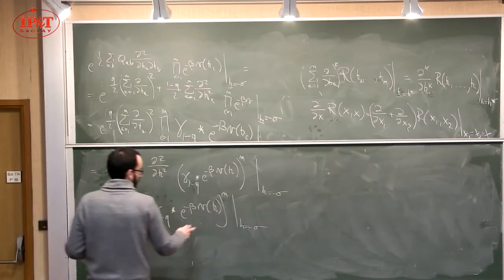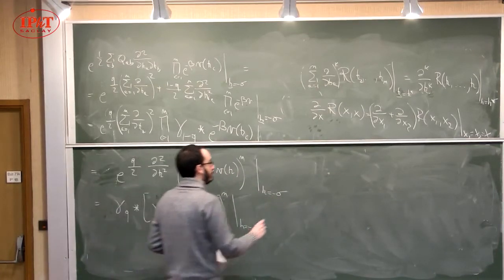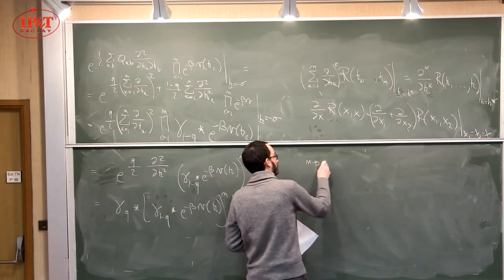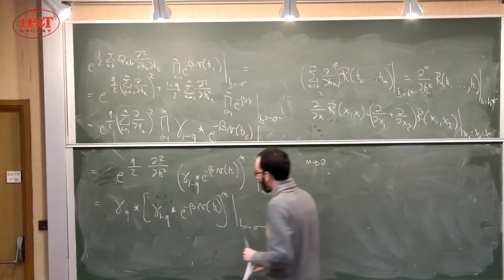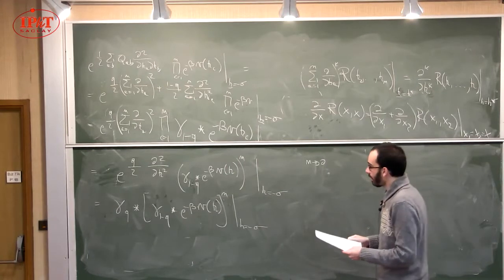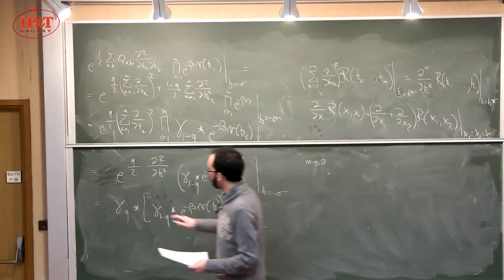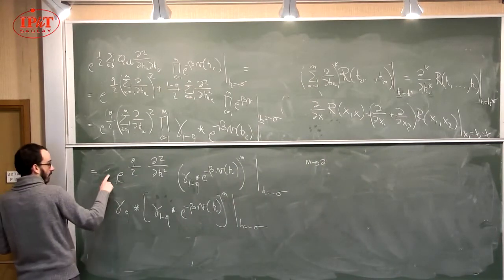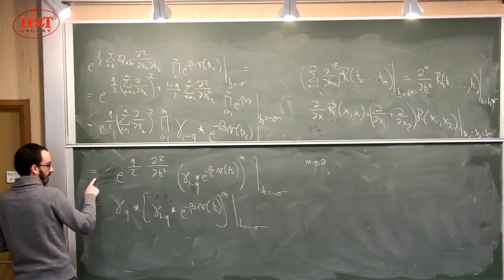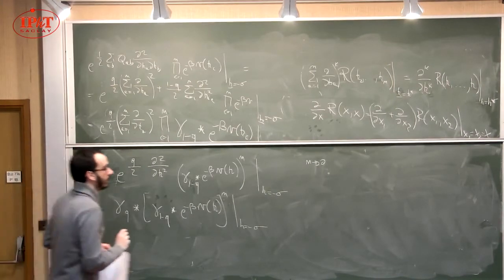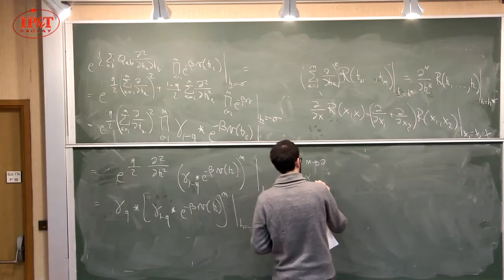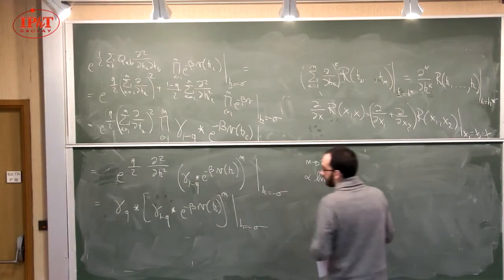Okay, so now it's simple to take the n to 0 limit here. So remember that what we would like to take is the log of this and then multiply it by alpha. So I just rewrite everything.